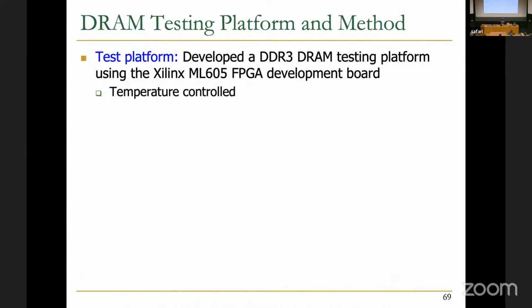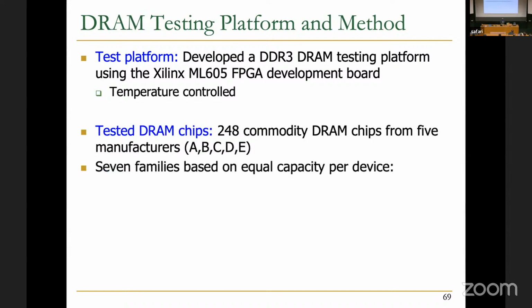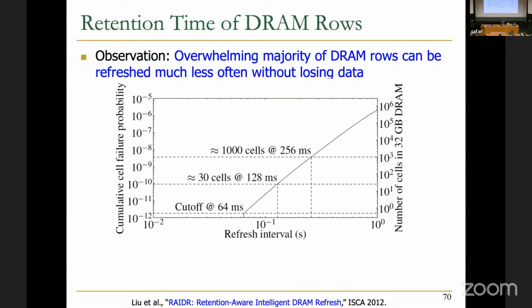This is developed for DDR3 DRAM chips using the Xilinx board, and we control temperature. We test 248 commodity DRAM chips in this work, covering 7 families based on equal capacity per device. And this is what we observe as you increase the refresh interval. Going from left to right, you refresh less frequently. At 64 milliseconds, there's a cutoff, so you don't observe any bit flips until then.